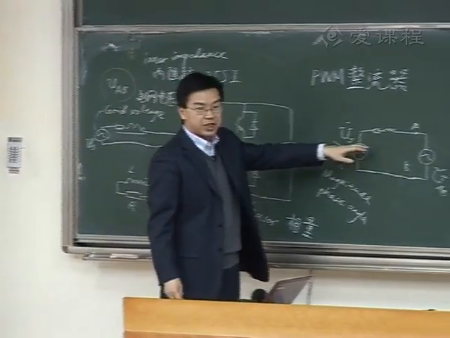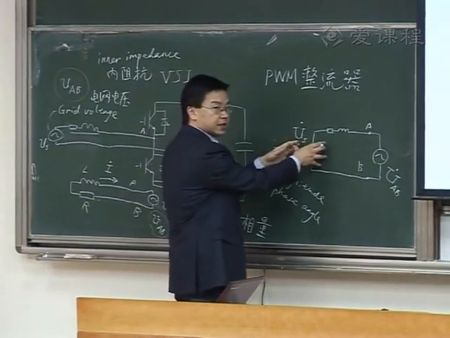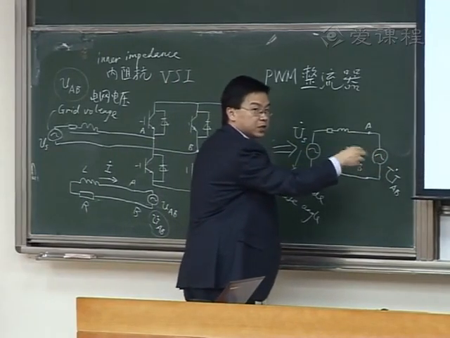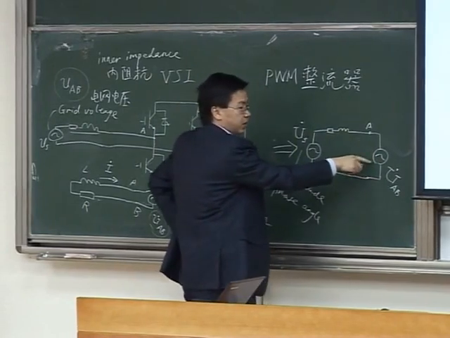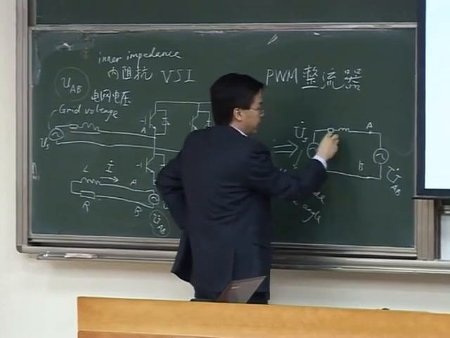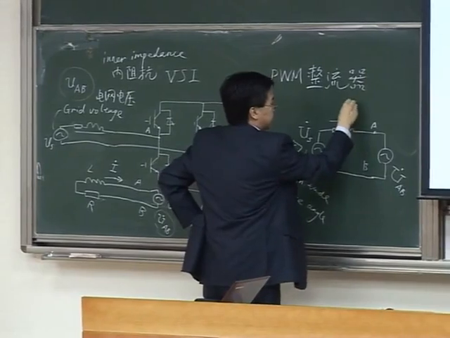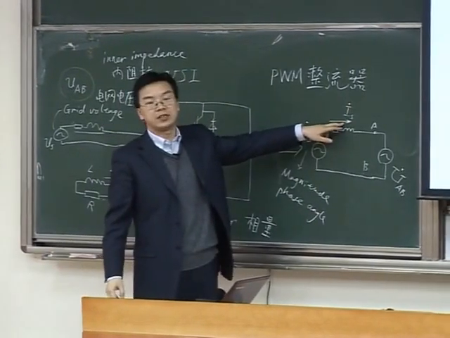And therefore, we can imagine in this equivalent circuit, this is very simple. You have an AC source on the left-hand side, another controlled AC source on the right-hand side. So by controlling the magnitude and phase angle of the voltage source inverter, we can control this current, IS. We can control the magnitude and phase angle of IS.